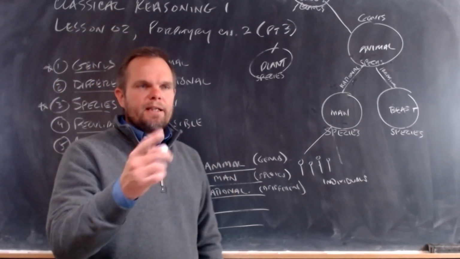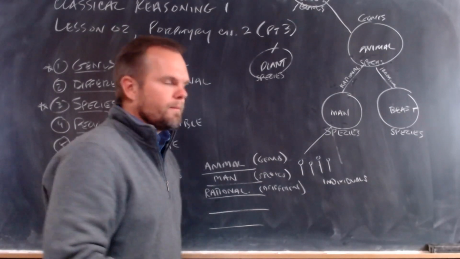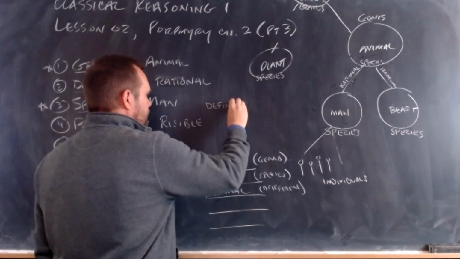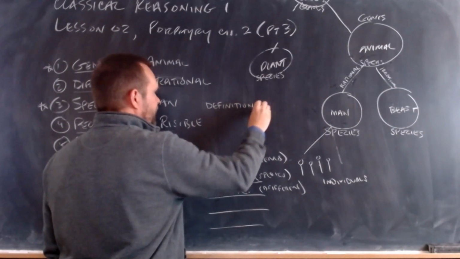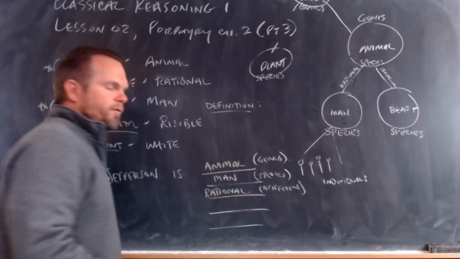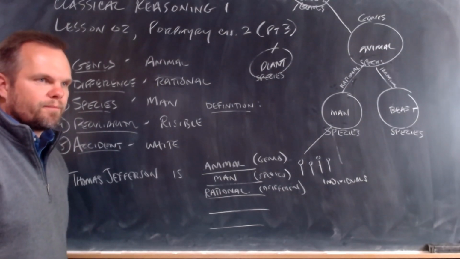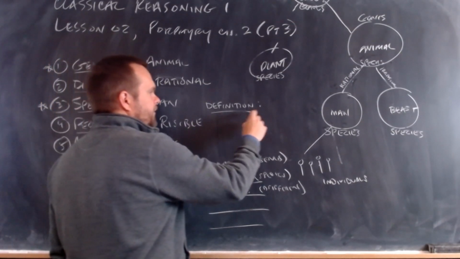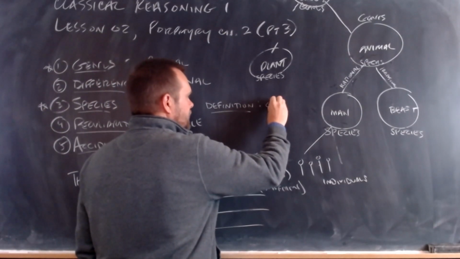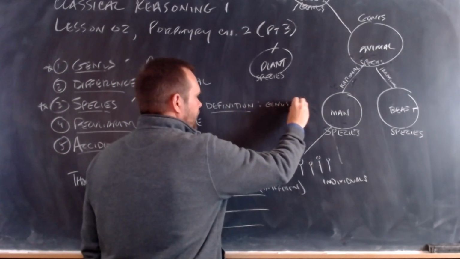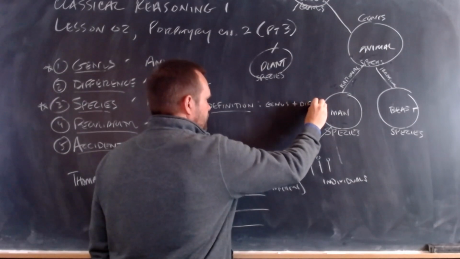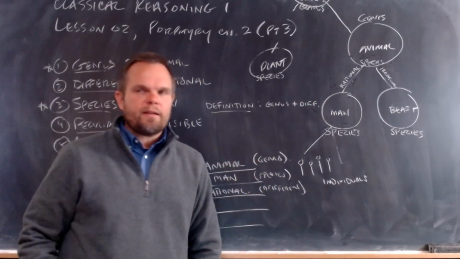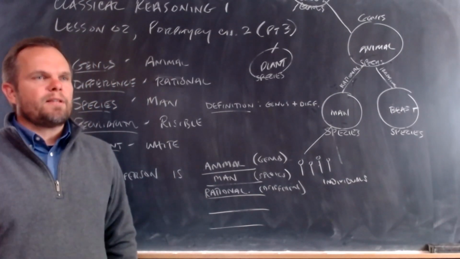To give a definition of anything, there's a formula for making a definition. The definition of anything is given by stating its genus followed by its difference. If you state the genus of a thing and its difference, that's its definition.